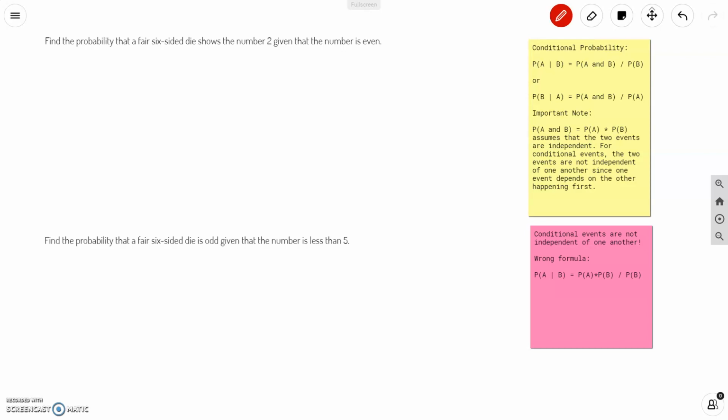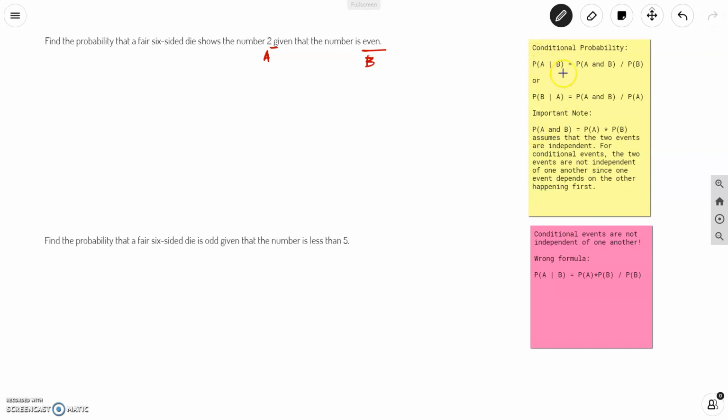So here, let me go ahead and call 2 my event A, and then event B, let's call that even. So we're trying to find the probability that the number 2 is shown given that the number is already even. So in this case, our given information is that the number is even.